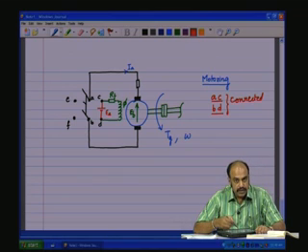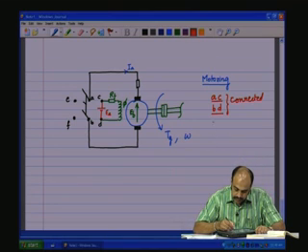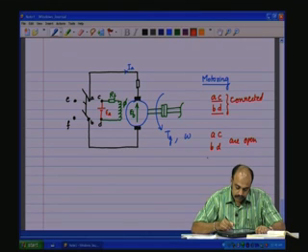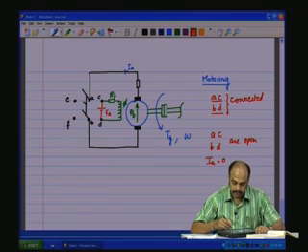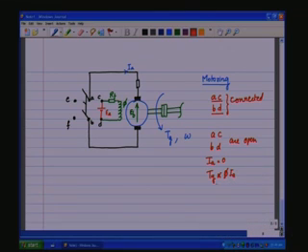IA is equal to 0 means force to 0. What happens to TG? TG being proportional to phi IA, TG also becomes 0. There is no generated torque, but there will be inertia on the mechanical side which will make it to continue to move.